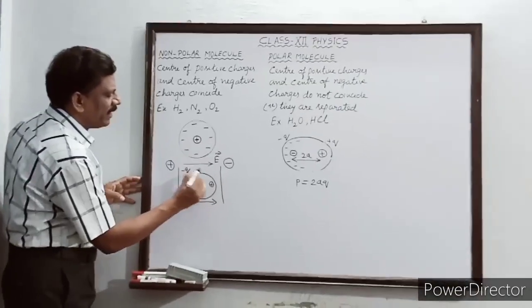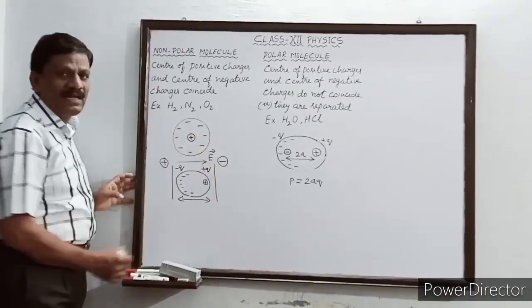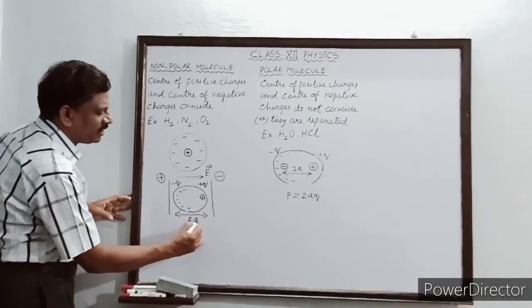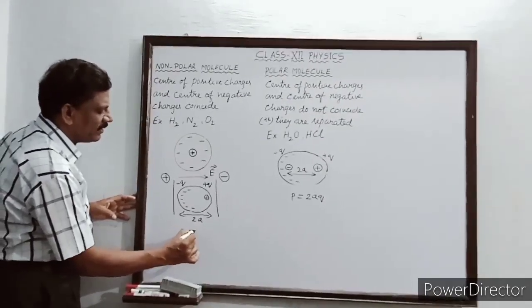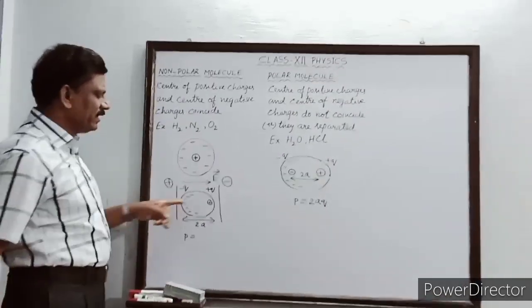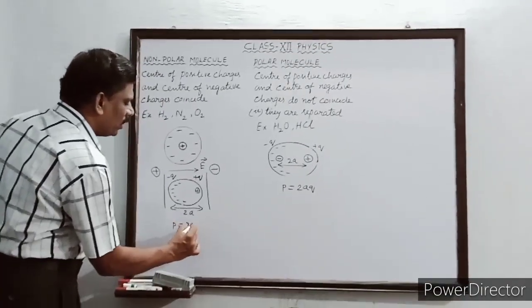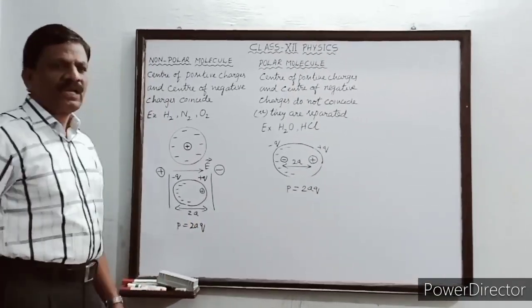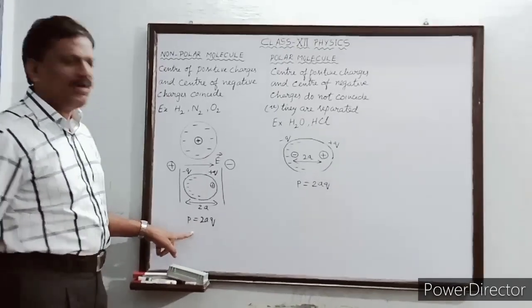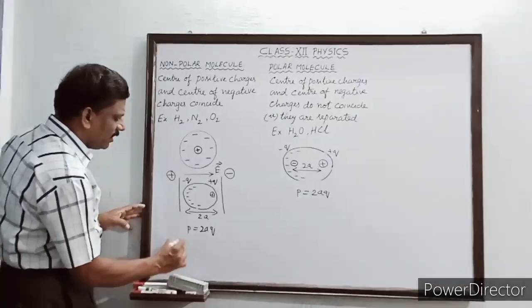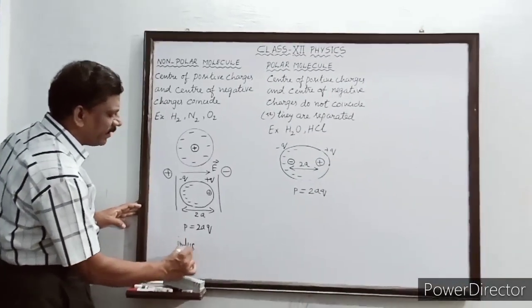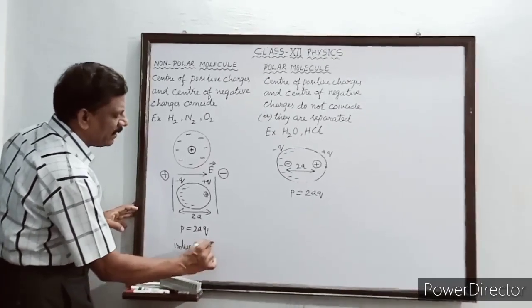So here there is a minus q and here there is a plus q. The distance of separation is what? 2a, and it will possess a dipole moment given by P equal to 2a into q, and this is the dipole moment, okay, which is called the induced dipole moment.